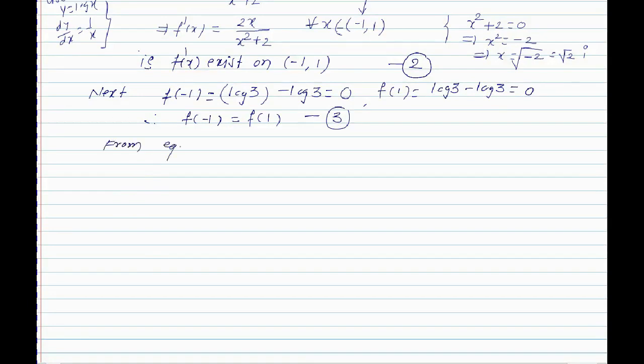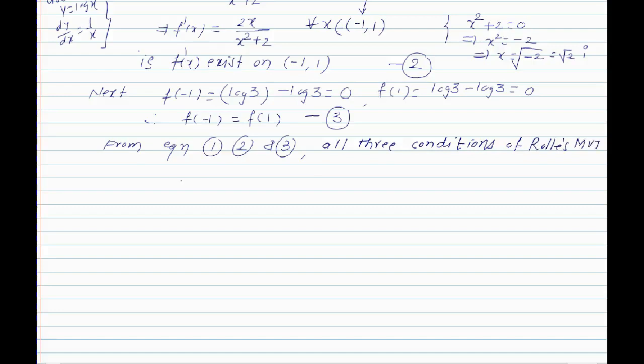From equation 1, 2 and 3, all three conditions of Rolle's mean value theorem are satisfied on closed interval minus 1 to 1.